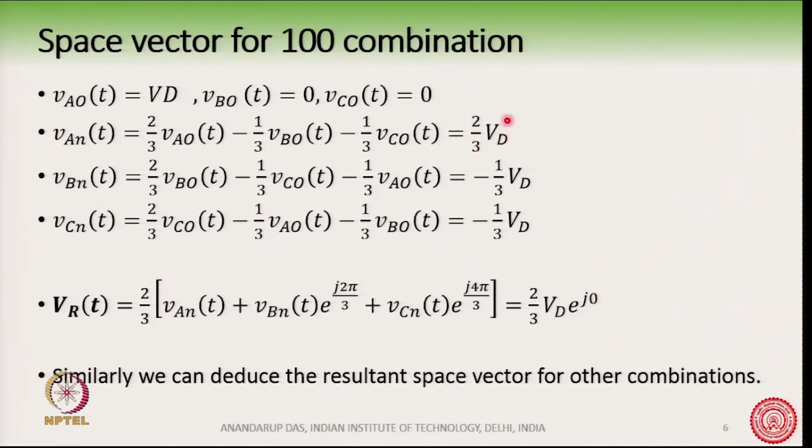If you substitute these values into this equation, then we see that V_R is 2/3 Vd e^(j0), which means that the resultant load phase space vector for the switching state 1 0 0 is lying along the A phase axis, because it is e^(j0), and its magnitude is 2/3 Vd.